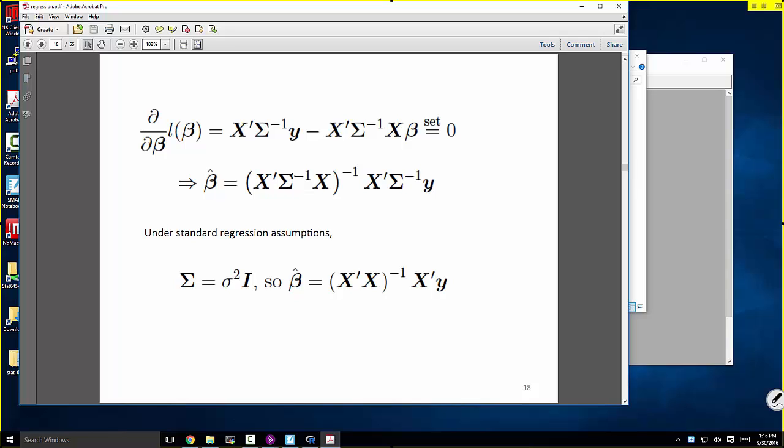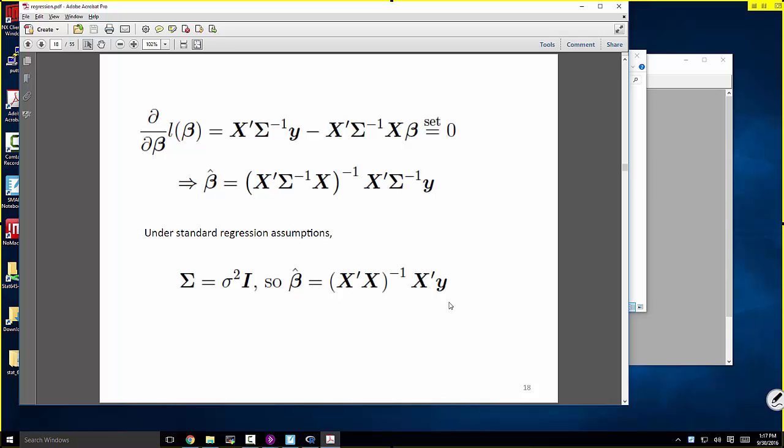So this piece right here, I have 1 over little sigma squared, which makes it just sigma squared out front, and then X transpose X inverse. Over here, again, I have 1 over little sigma squared, and the identity matrix goes away. So we have a sigma squared out front and a 1 over sigma squared here, which means the sigma squareds cancel, and we're left with a simpler expression for beta hat.